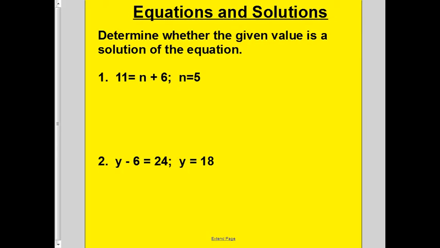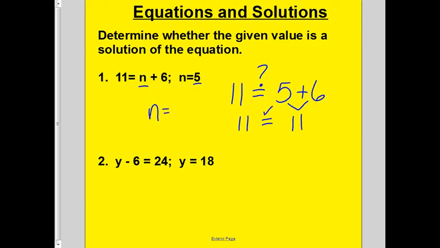What I would expect to see from you is something like this: 11, does it equal 5 plus 6? Put a 5 where the n was. When I work that out, 5 plus 6 is 11. So I have 11 on both sides of the equation, which means yes, since 11 does equal 11, n does equal 5. That is correct.